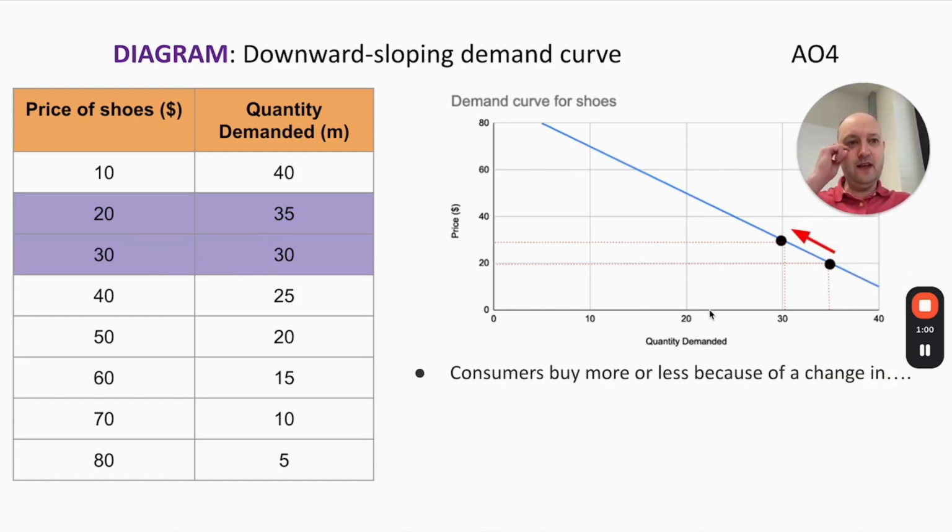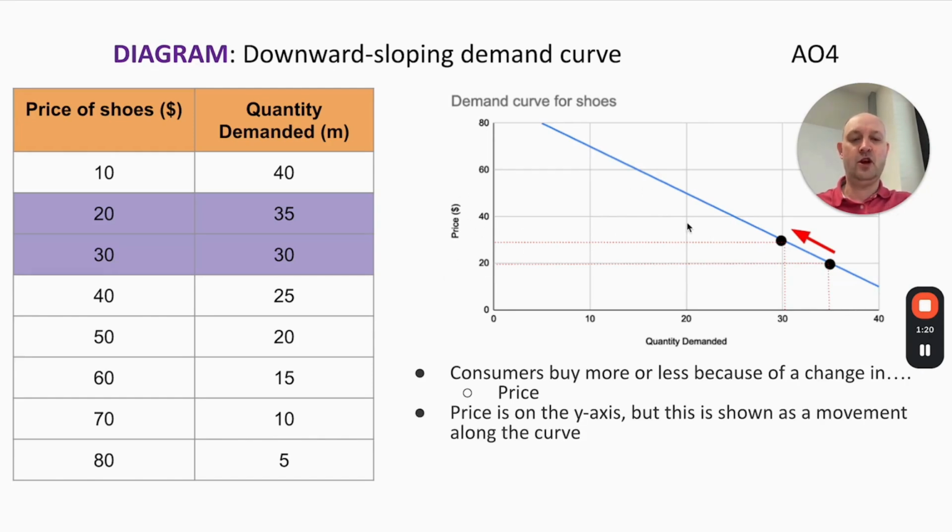That told us why consumers buy more or less because of a change in price. So in that situation, when the price increases or decreases, we just simply move along this demand curve. There's no change in the curve because price is on the y-axis. We're just moving up and down the curve. So this is shown as a movement along the curve.